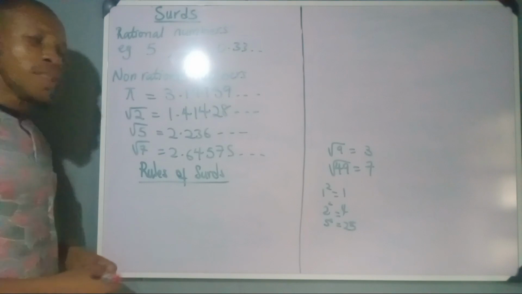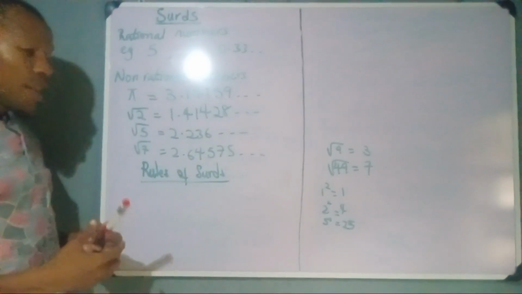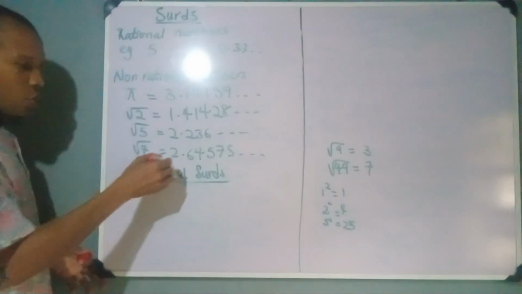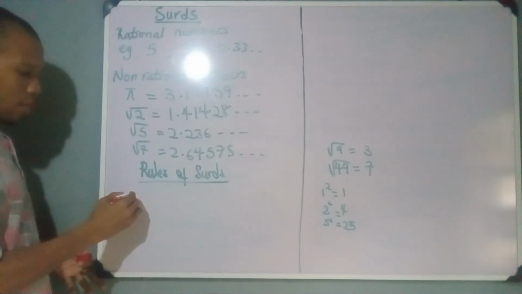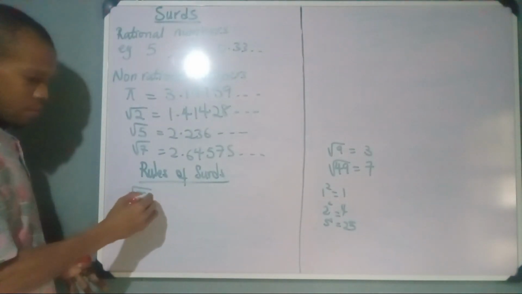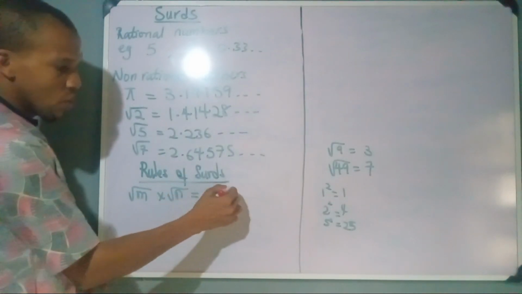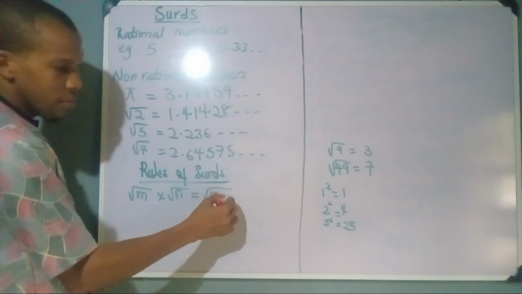So let's assume that m and n are not perfect squares, so root m and root n are surds. The rules of surds say the square root of m times the square root of n is the same thing as the square root of m times n.